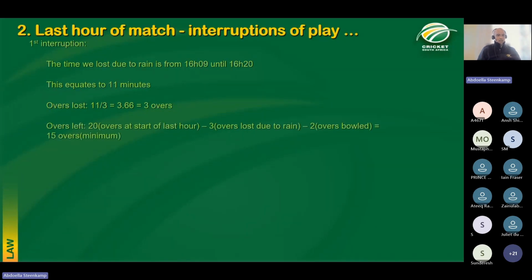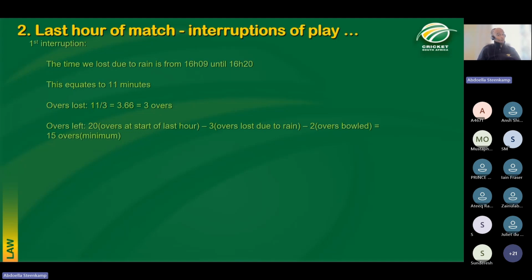Next, you need to calculate how many overs are left. The formula will always stay the same: overs at the start of the last hour, which is 20, less overs lost due to rain, which was 3, and then less the overs bowled. Because we started at 16:00, it started to rain at 16:09.